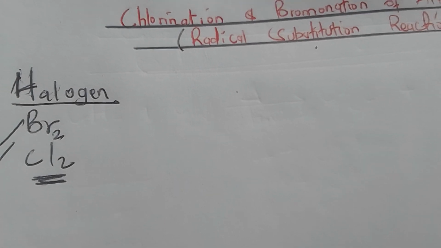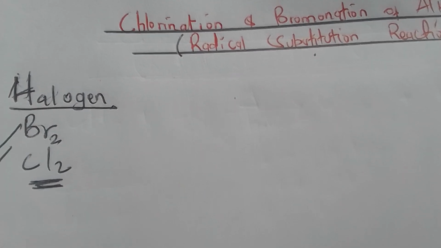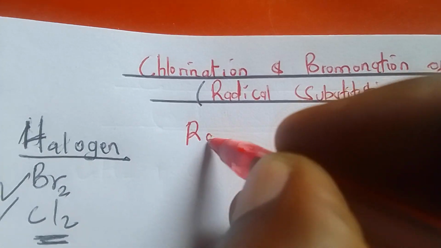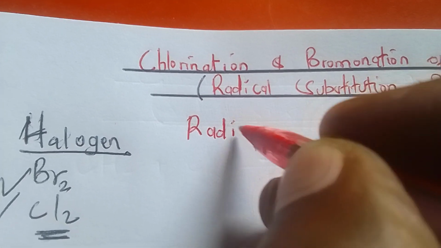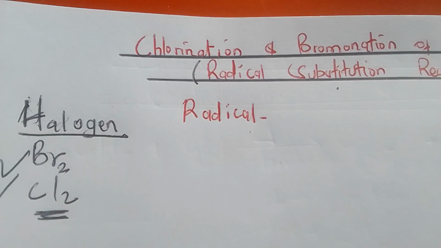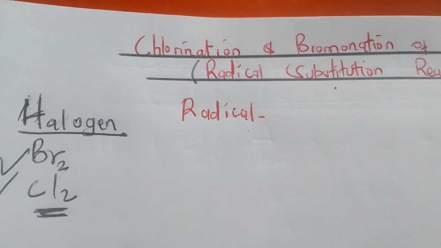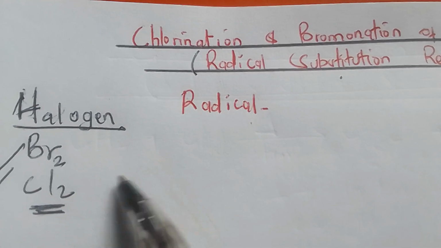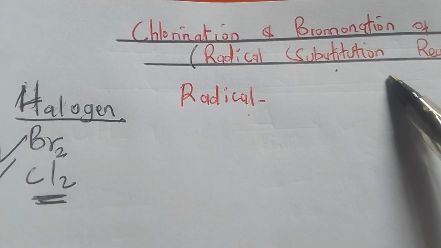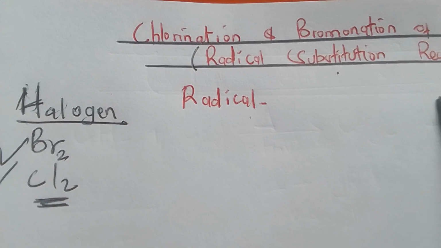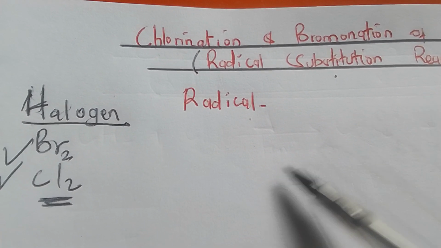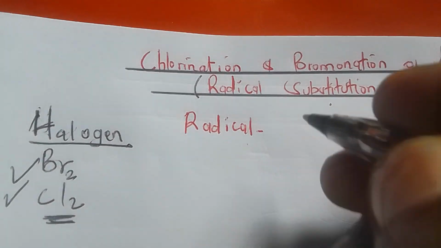So here, before we begin, we must start by looking at a basic definition of a term that we are meeting here, that is the radical. So what's a radical? Generally, a radical is just an atom or an ion that has an unpaired valence electron.